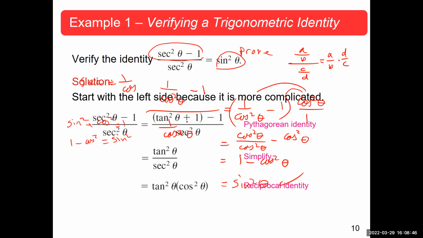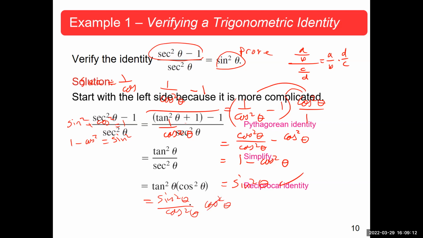If you have your formula sheet and convert secant square into tangent square plus 1, minus 1, and 1 cancel out, you only have tangent square over secant square, and secant square is one over cosine square. Then this is equal to sine square theta over cosine square theta multiplied by cosine square theta.